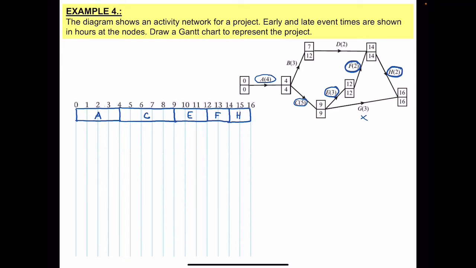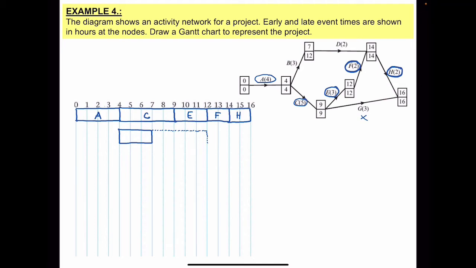The next activity that is non-critical, I'll start with B. B starts at 4, so it starts here, and it takes 3, so 1, 2, 3, and then I can shade the float. Float is 12 minus 3 is 9, and minus 4 is 5. So I have 1, 2, 3, 4, and 5.